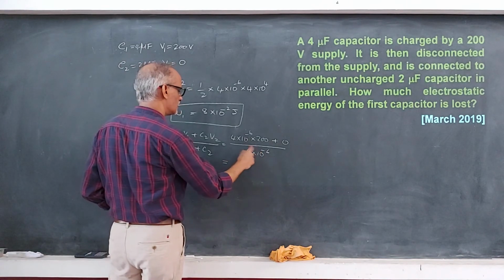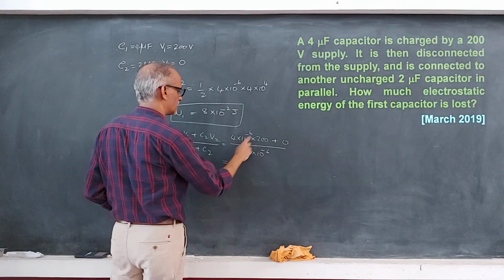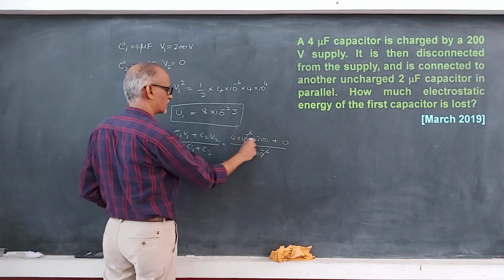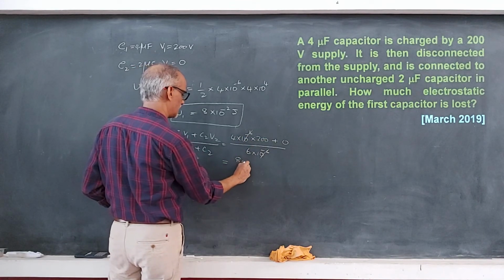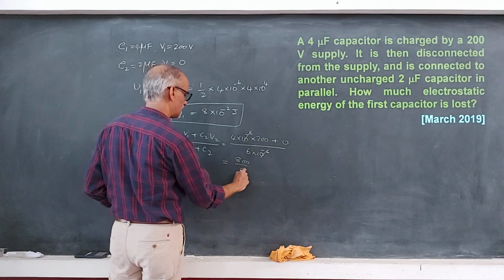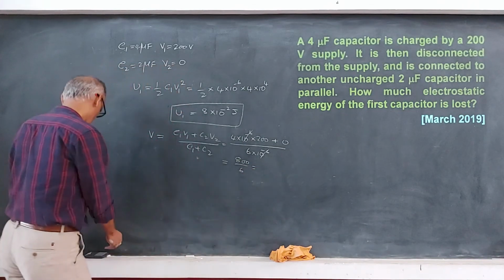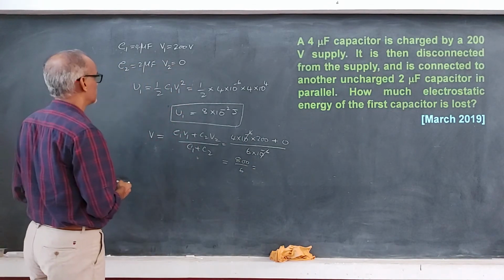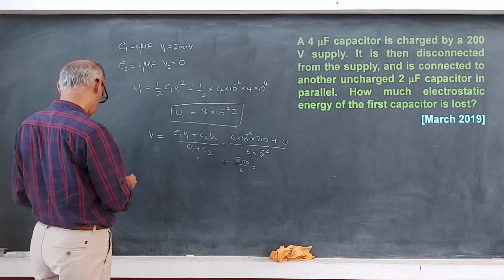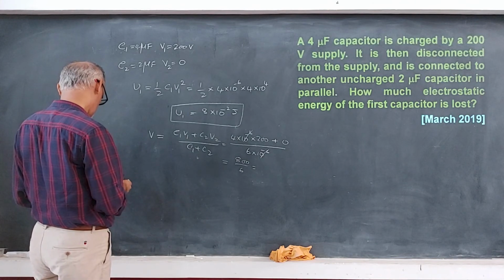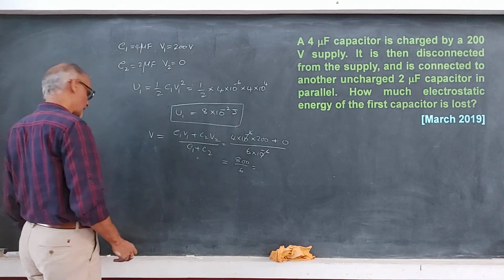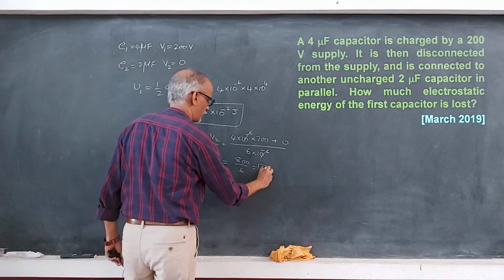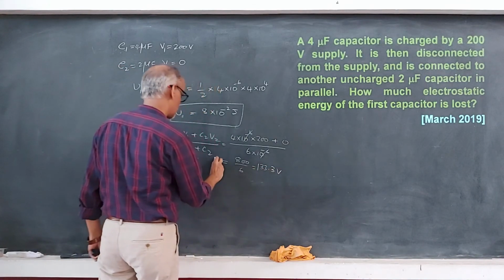Now here this power will get cancelled, we get 4 into 2, 8, so it's 800 divided by 6. 800 divided by 6, you will get 133.3 volt. Now, that is the common potential.